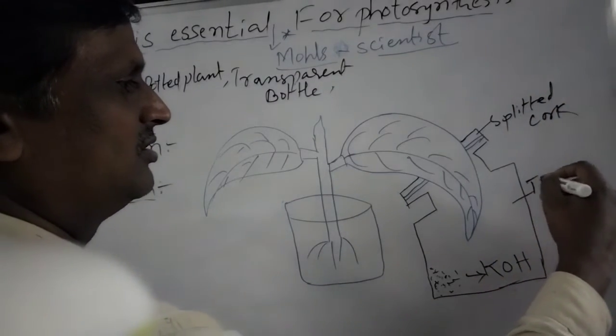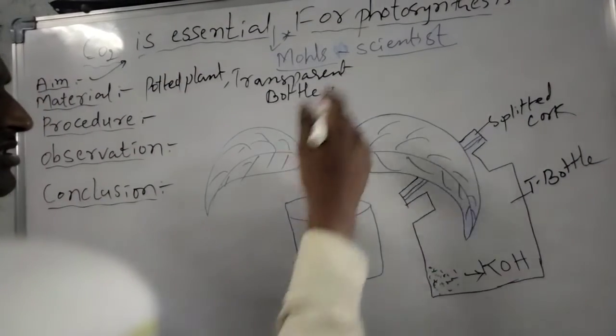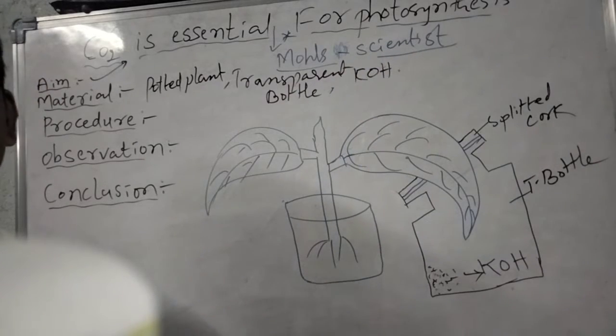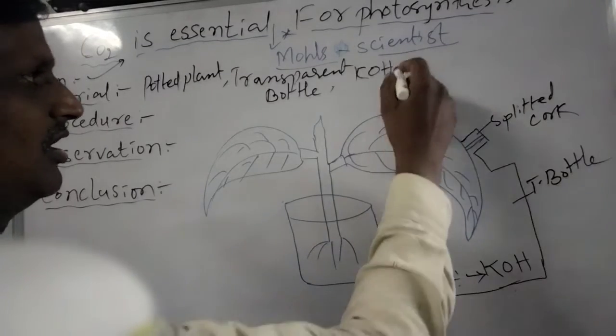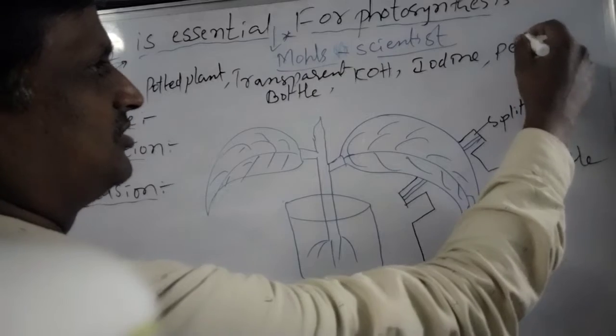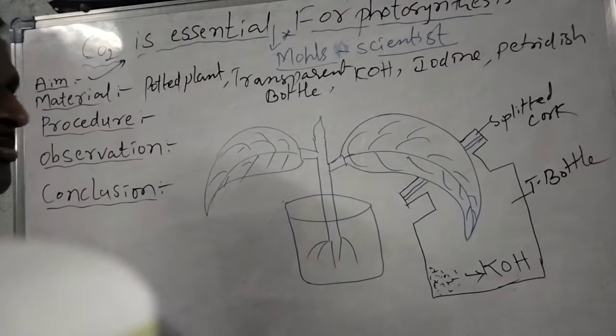Whereas this is the transparent bottle. Okay, and next, potassium hydroxide solution, KOH. And another one is iodine. And next, a petri dish. So these are the things needed for this experiment.